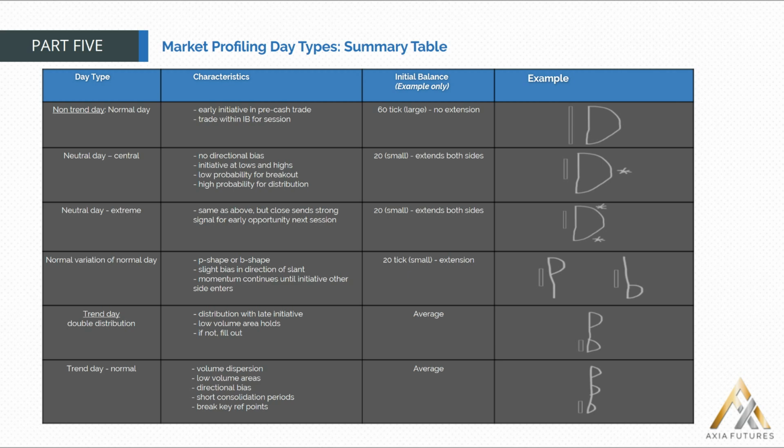A normal variation of a normal day, again, we have a relatively small initial range, but we get the extension on one side or the other once that initiative comes from either the buyers or the sellers. And then with a trend day and a double distribution day, we tend to have average type ranges in the initial trade of the day or the initial balance.